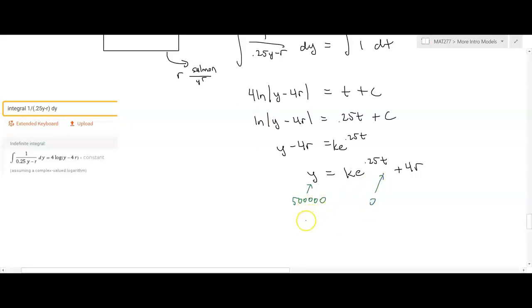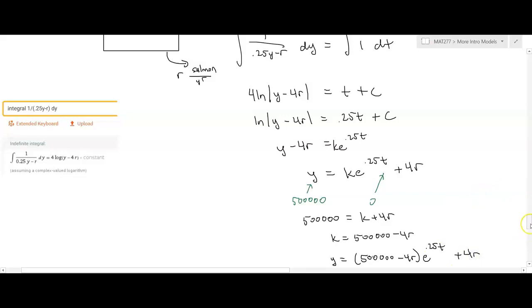And so that's going to give us 500,000 equals k plus 4R. So that means k is going to equal 500,000 minus 4R. And our final model will be y equals (500,000 minus 4R) e to the 0.25t plus 4R.